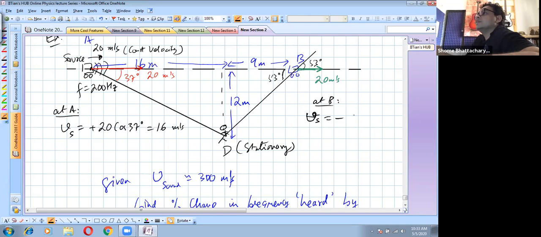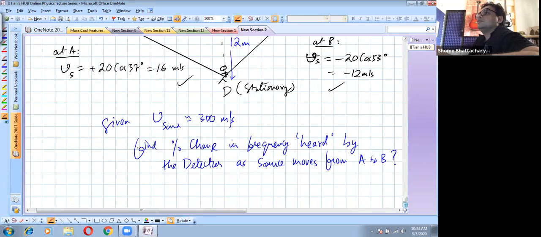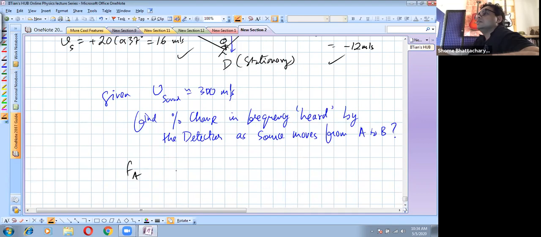So it is minus 20 cos 53. So that is minus 20 into 3 by 5. So that is minus 12. So the frequency heard when he is at E is V upon (V minus 16) times F. And the frequency heard at B is V upon (V plus 12) times F.